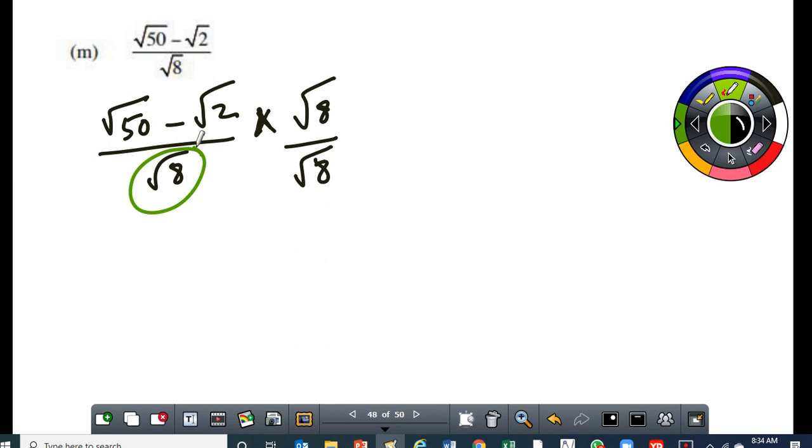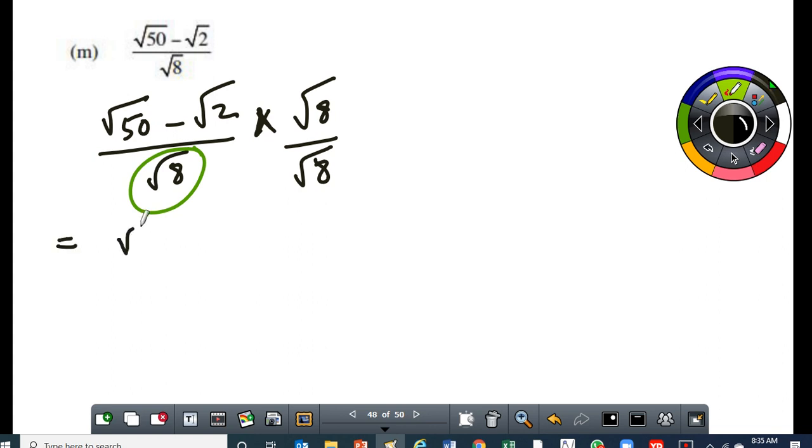So this square root of 8 is not a rational number, but we can make it a rational number by multiplying it by itself and also multiplying the numerator by the square root of 8. If we do that, my next step will be the square root of 8 times the square root of 50 minus the square root of 2.